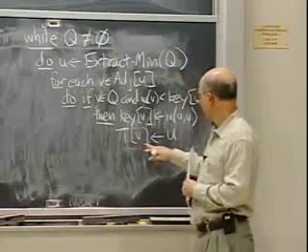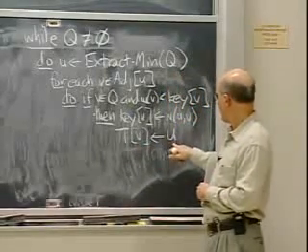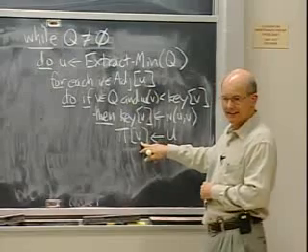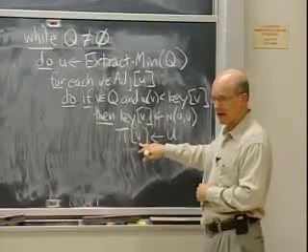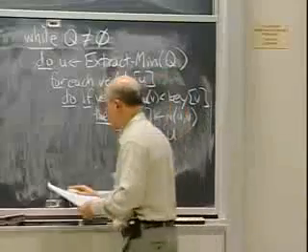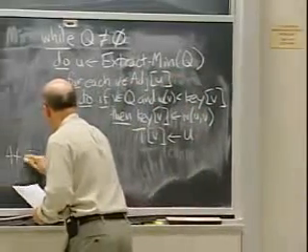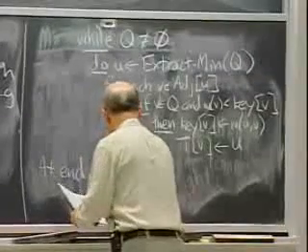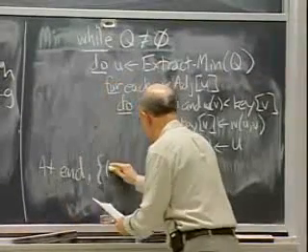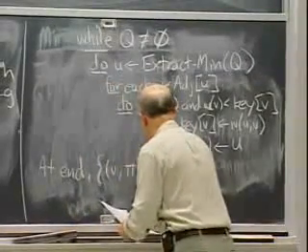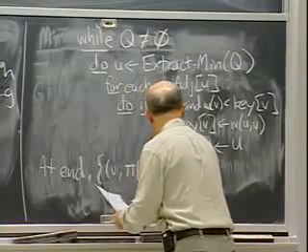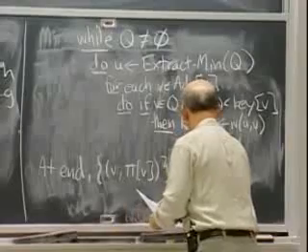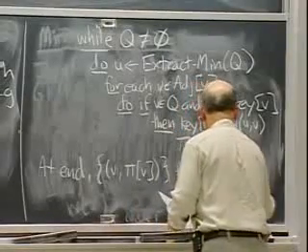Every time we bring it in, I keep track of what was the vertex responsible for bringing me in, and what I claim is that at the end, if I look at the set of these pairs that I've made here, V and pi of V, that forms the minimum spanning tree.